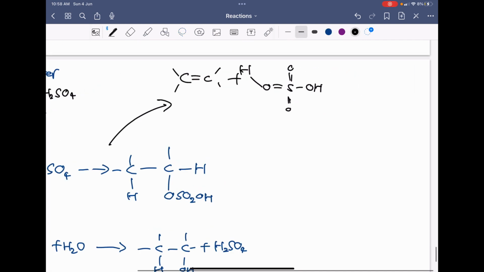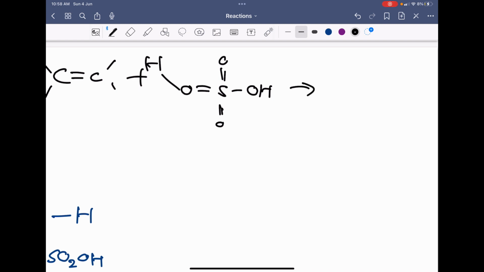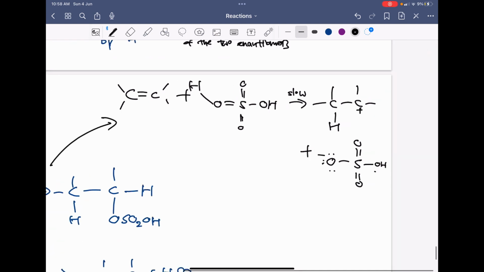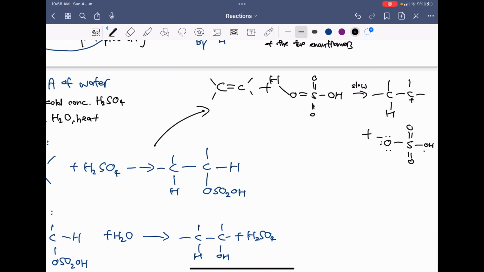And then you form, slow step, your carbocation intermediate here, and together with that, so that's your first step.